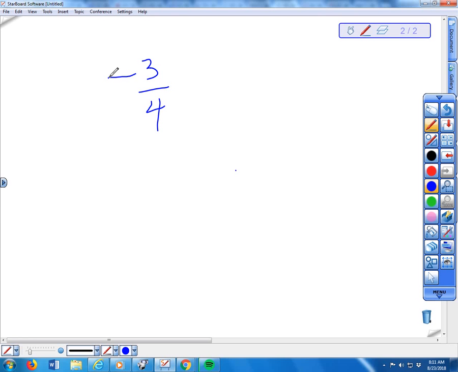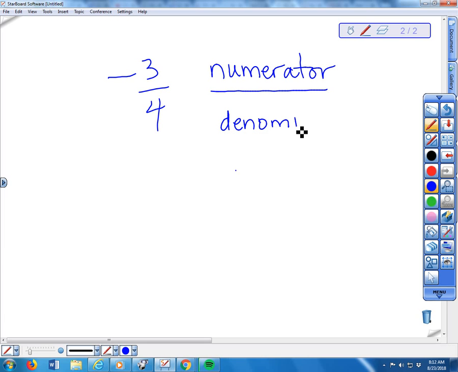Number on top is the numerator. The number on bottom, denominator. Numerator and denominator.